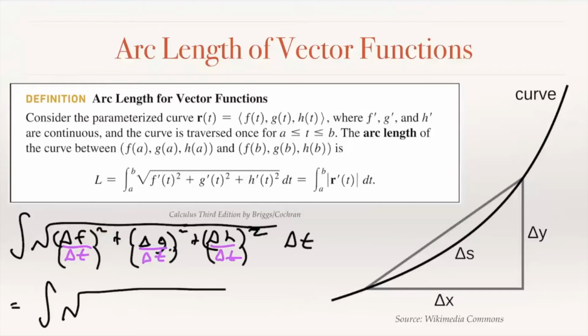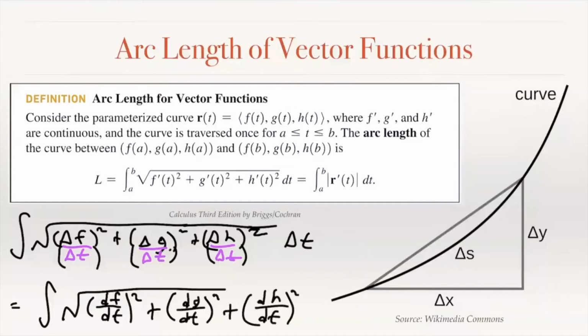And delta f over delta t, that's df dt squared. Similarly, delta g over delta t in the limit, that's dg dt squared, and delta h over delta t, that's dh dt squared. Okay, all dt between our 2 points a and b, corresponding to the bounds on the parameter t. And that guy is this, f prime, that just means df dt.